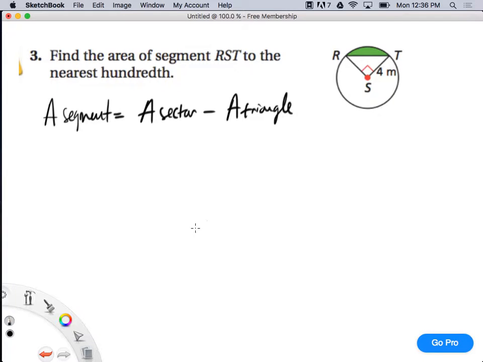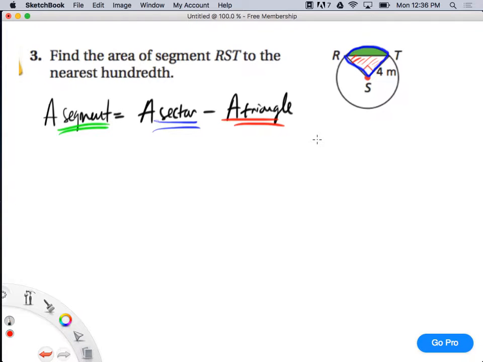So the area of the segment in green equals the area of the sector, the whole thing I'll outline in blue, minus the area of the triangle, which is this thing in red. So the segment, Mr. Corey, is the sector, this whole thing, minus the triangle.